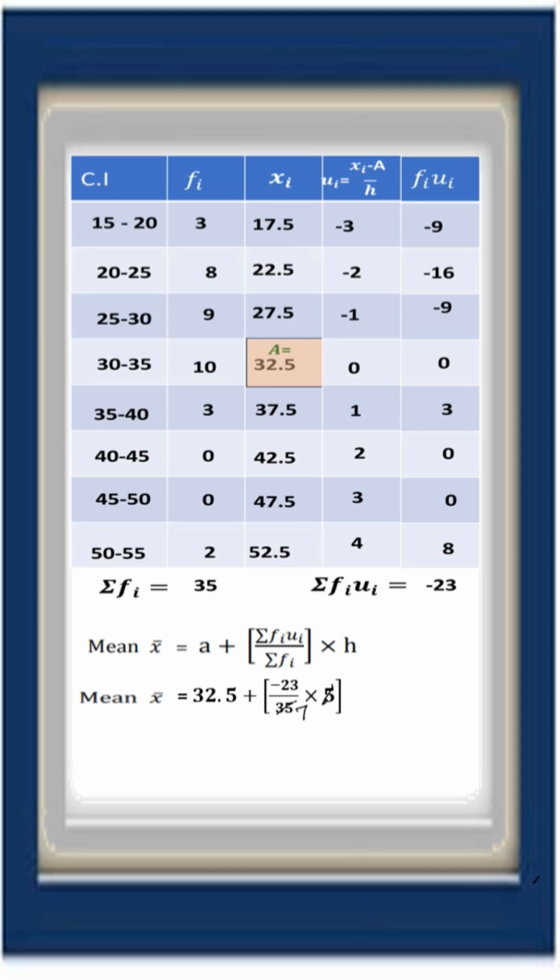So mean x bar is equal to 32.5 plus minus 23 by 7. What is the value of minus 23 by 7? It is 3.28. So 32.5 minus 3.28 is 29.22.